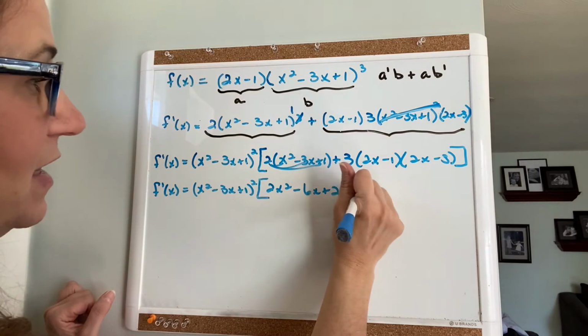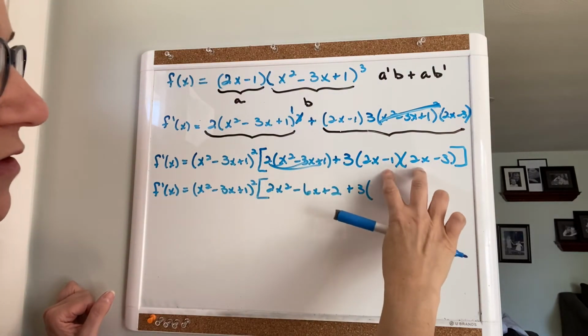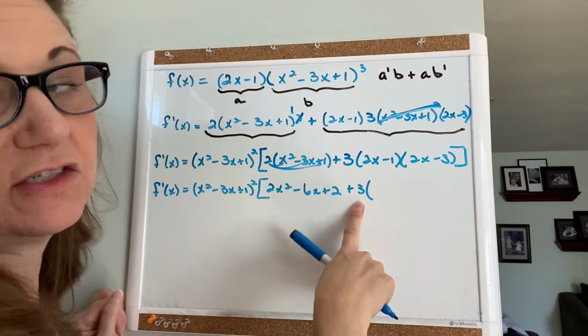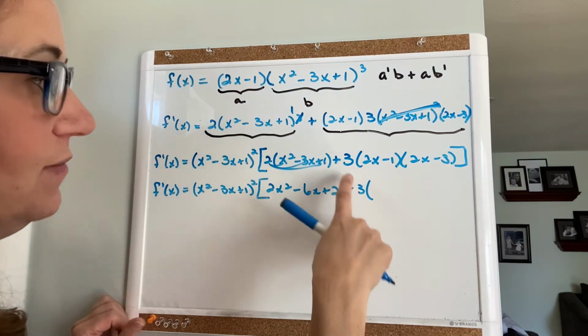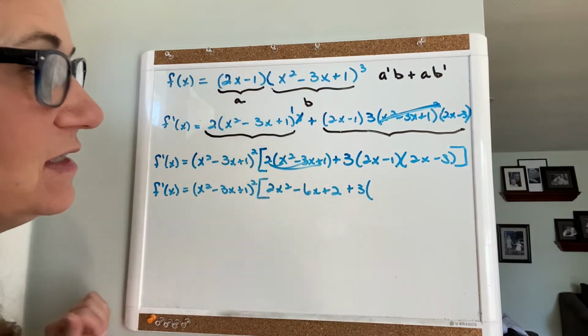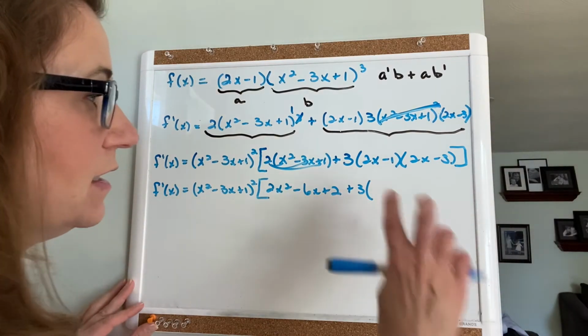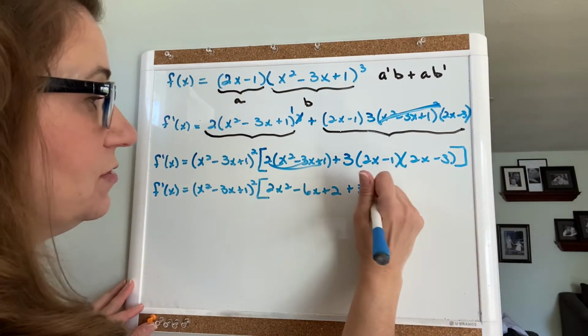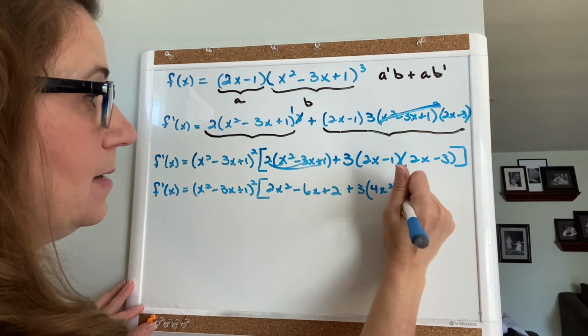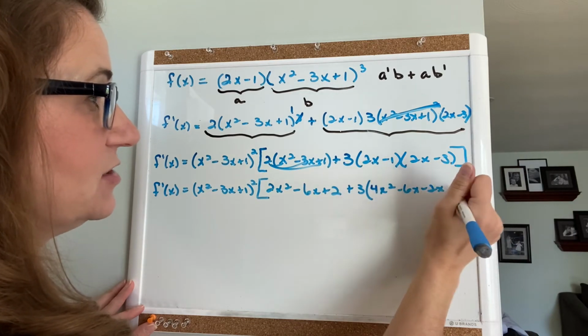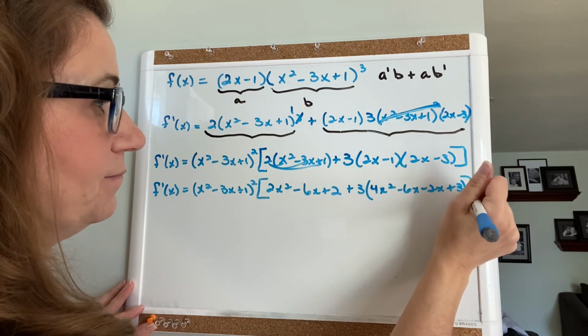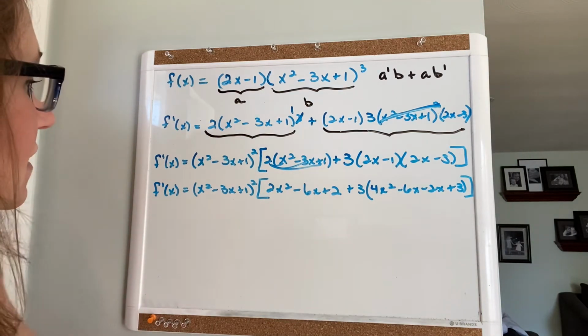And then I'm going to put plus 3, and I'm going to FOIL these two binomials before I distribute the 3 through. You could distribute the 3 to the first binomial and then FOIL. It doesn't matter. Either one is correct. So when I FOIL these two, I get 4x squared minus 6x minus 2x plus 3.